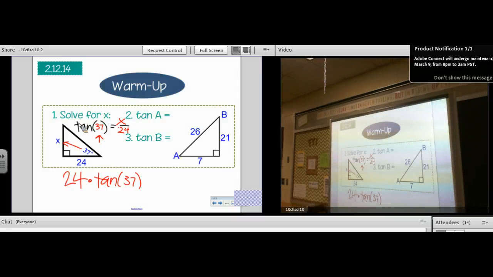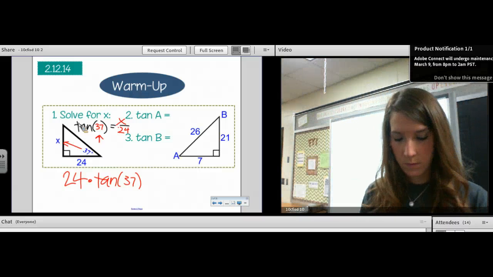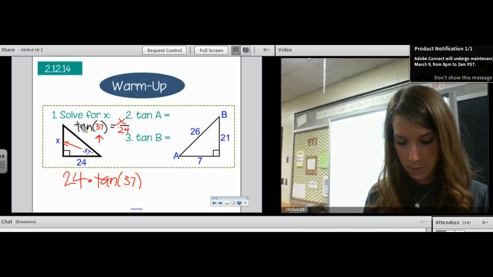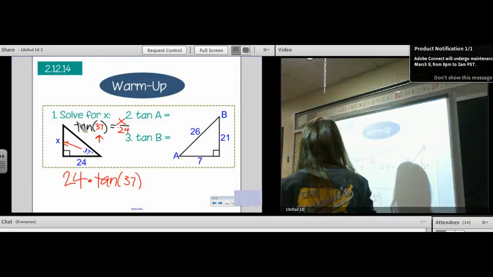Let's round to the nearest tenth. Yeah, 18.1 would be rounded to the nearest tenth.